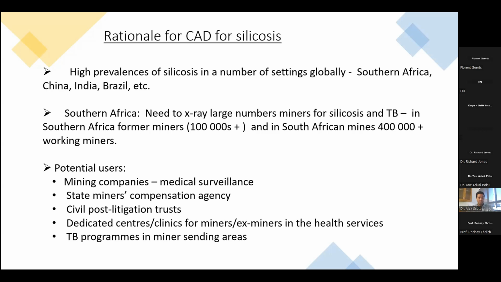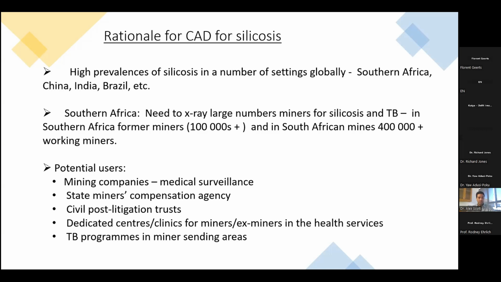So the question is, where is CAD, and this is the primary question, I suppose, from the commercial aspect, but also from the public health aspect and investment by WHO, and the funders, who are the potential users? So we've heard today mining companies doing medical surveillance, compensation agencies. South Africa has a quite well-developed, but poorly functioning, compensation system. I say well-developed, I mean on the statute books. So the question there is finding people who are eligible.